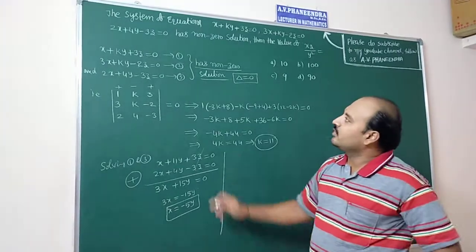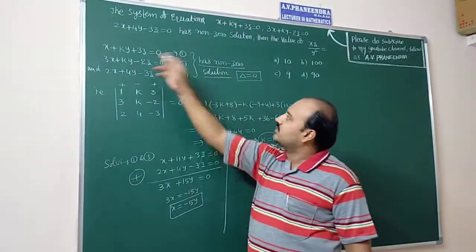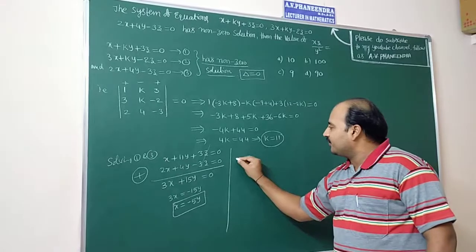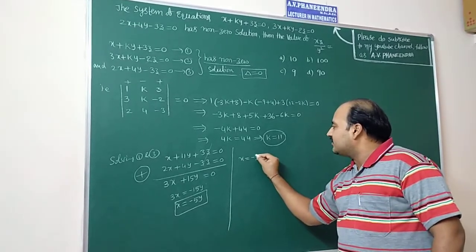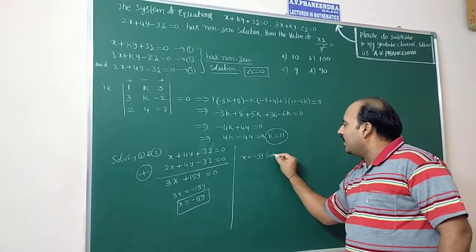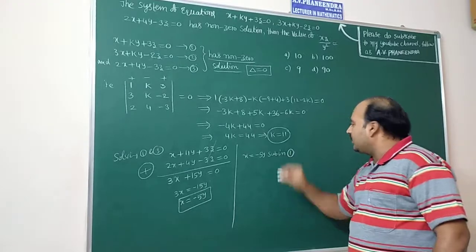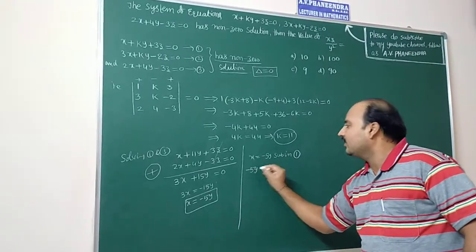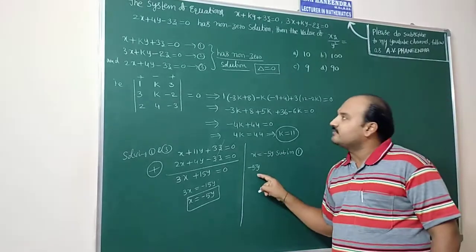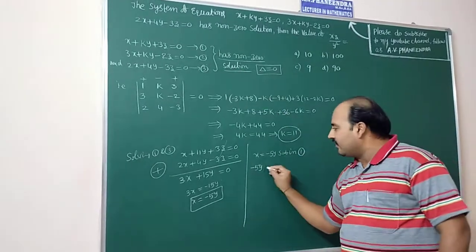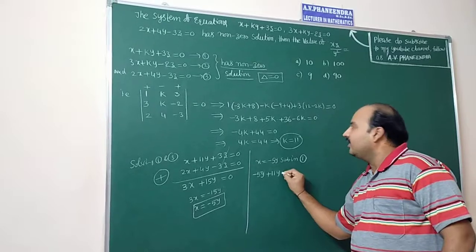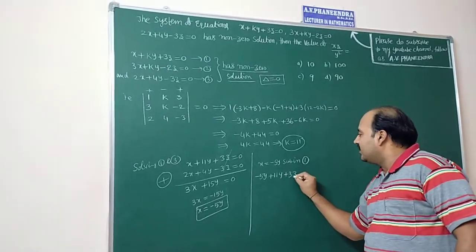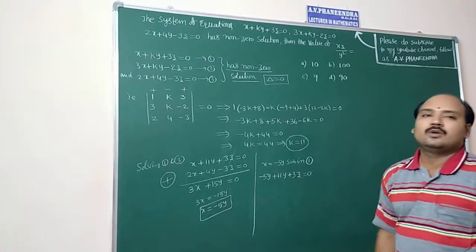After that, this x value we substitute in the first equation. x is equal to minus 5y, substitute in equation 1. Therefore, it becomes minus 5y, x value is minus 5y, ky means 11y, k value is 11, 11y plus 3z is equal to 0.